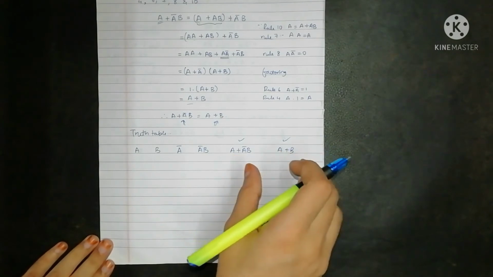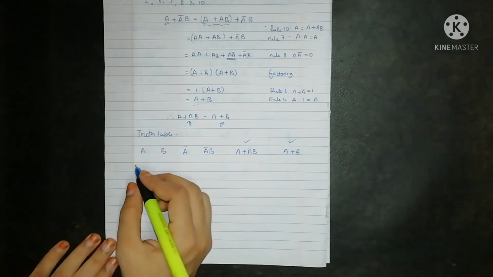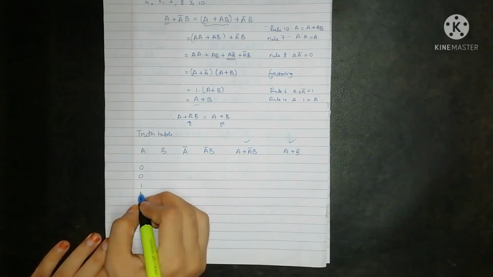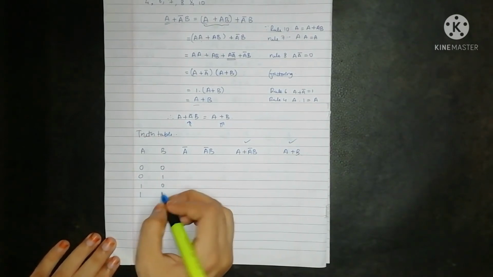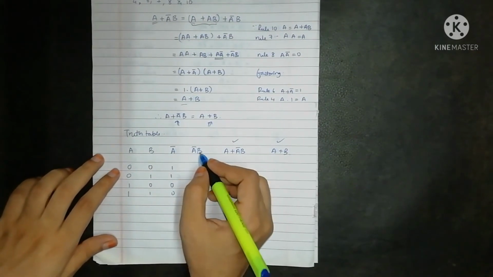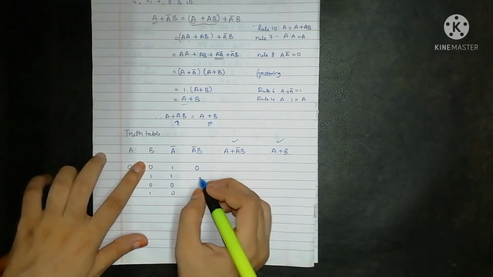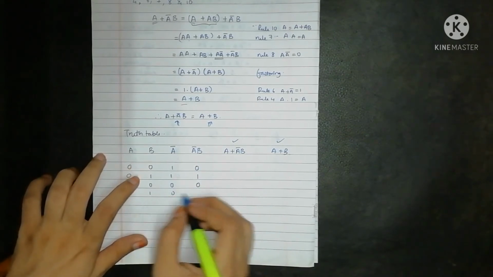If the values turns out to be same, then we can say the expression is verified. So 0 0 1 1 0 1 0 1, complement of A is 1 1 0 0, A bar into B, product of both these columns. So 1 into 0 is 0, 1 into 1 is 1, 0 into 0 is 0, 1 into 0 is 0.